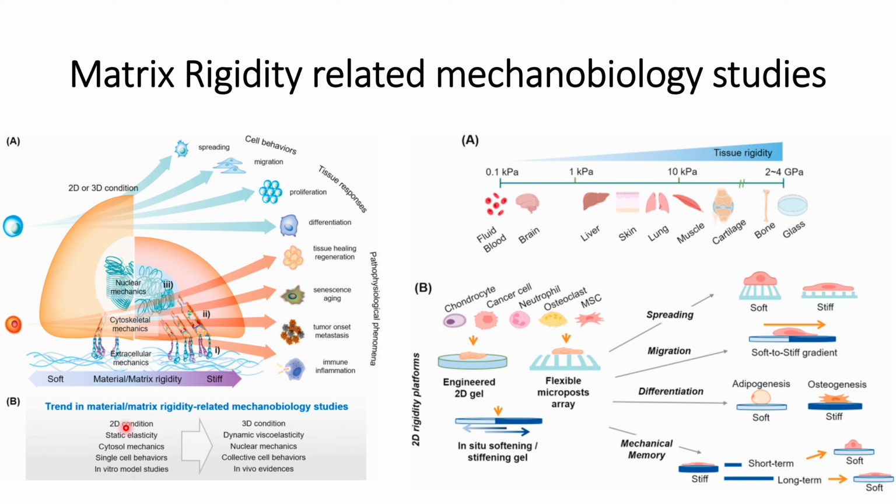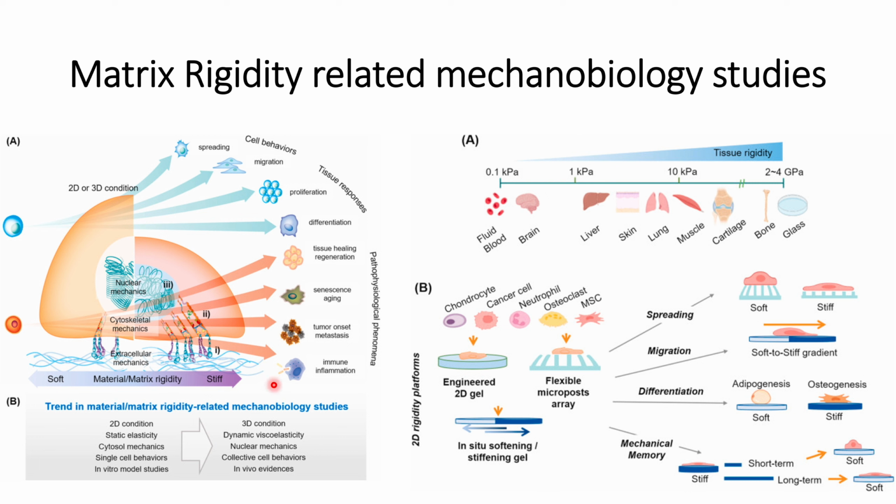Previously, there were studies in 2D conditions that can measure elasticity, cytosol mechanics, single cell behavior in in vitro studies, and now there is a shift from these 2D models to 3D models that can measure dynamic viscoelasticity, nuclear mechanics and collective cell behavior. Instead of just single cell behavior, they can measure collective cell behaviors, because sometimes one cell might affect the other cells because of these mechanobiological forces.